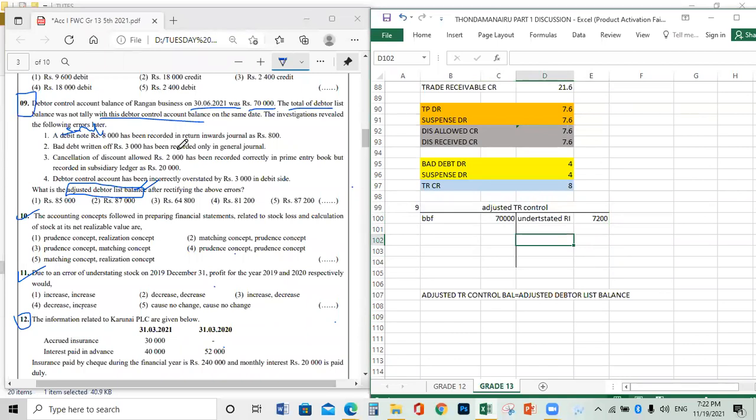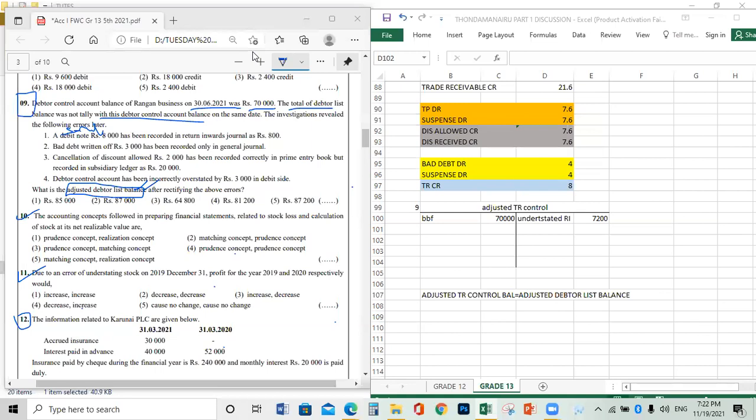What are they trying to say here? They are trying to say you haven't recorded in the individual account, but you have already recorded in the control account, because from the prime entry book only you take it to the control account.